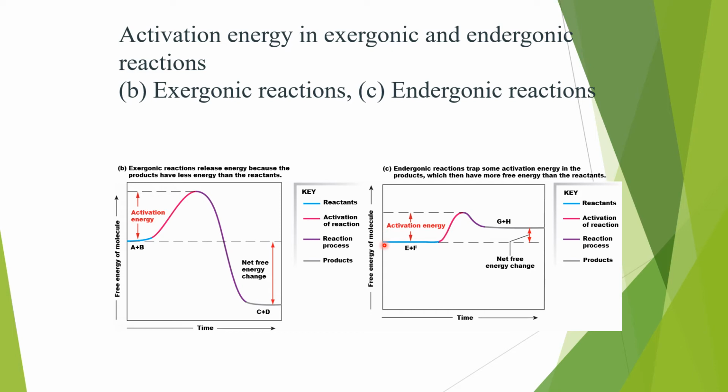What does that tell you? It tells you that those reactants actually had to absorb or trap some of that activation energy that they have to overcome for the products to be achieved. And so that's why the products actually have more, we call it free energy.